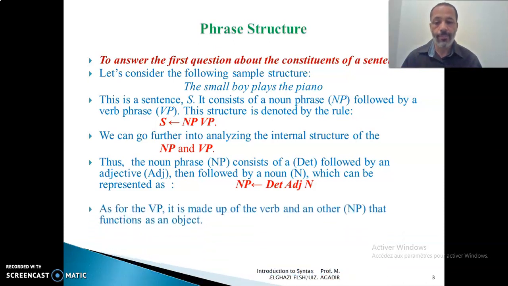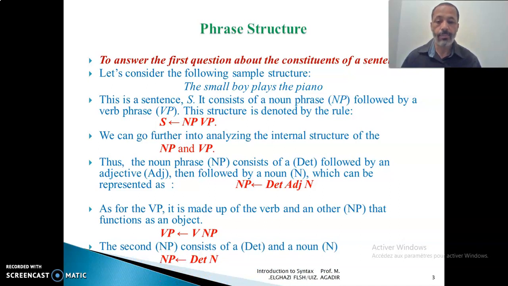Then the VP also consists of a verb followed by a second noun phrase. The verb is the verb to play, plays, conjugated into simple present, and then the noun phrase, the piano. The noun phrase itself consists of two elements, the determiner the, and the noun piano.